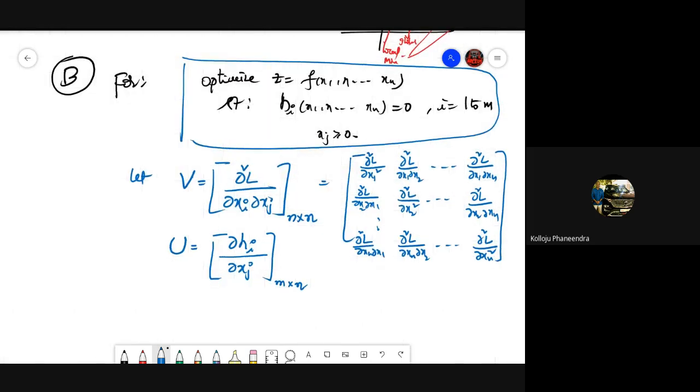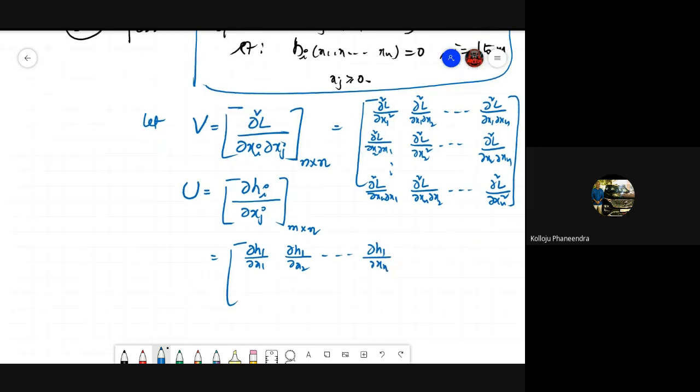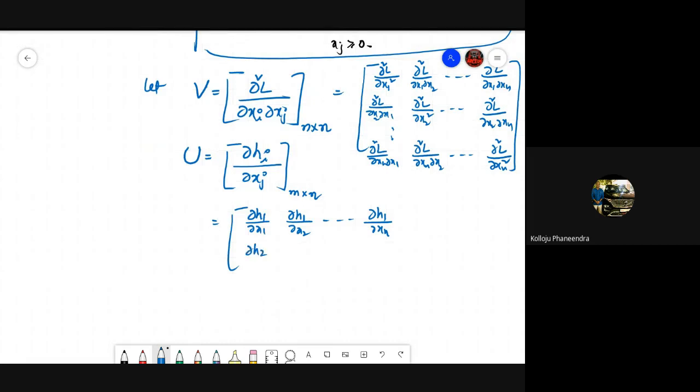And what is this one? This is del h1 by del x1, del h1 by del x2, and so on, del h1 by del xn. Another one is the second constraint, del h2 by del x1, del h2 by del x2, and so on.